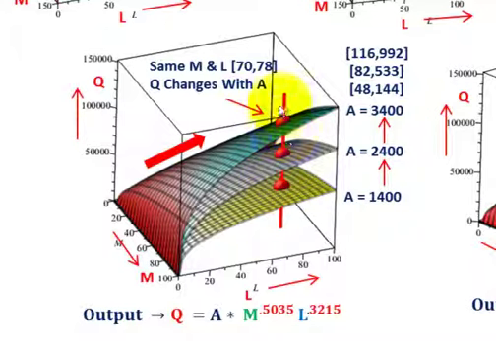And all I did here is I just plotted it out. I just ran a line up through here to show that we have the same material and labor inputs at that maximum production function or profit area. The only thing that changes is our profit based on our A, or our revenue or sales input in our production function. Okay, that's all I'm showing here.